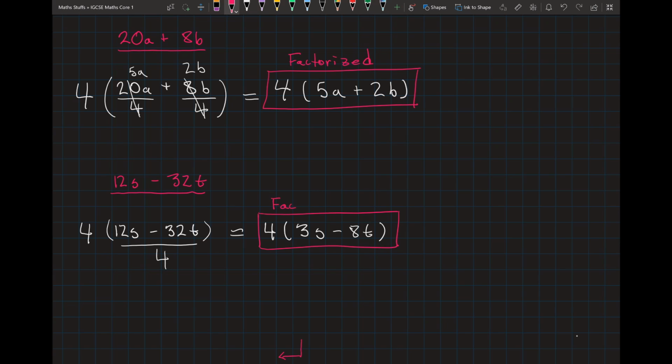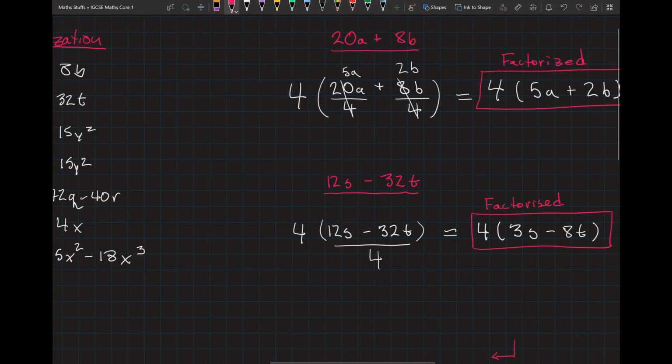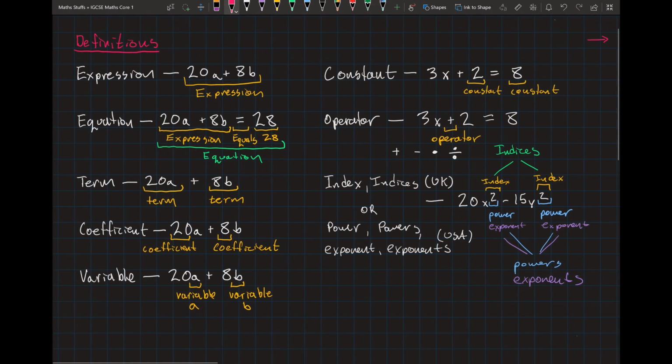We have factorized this expression. These two examples were where we were just trying to pull out a constant from the expression. Let's go over here and do some more.